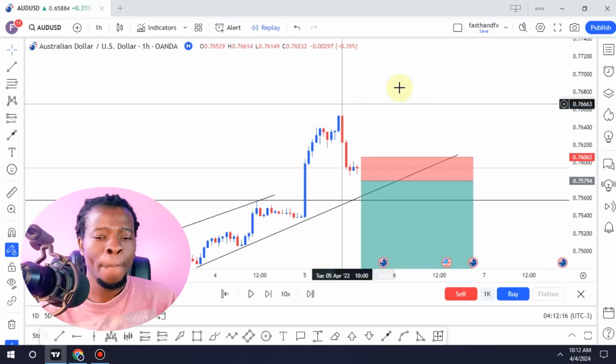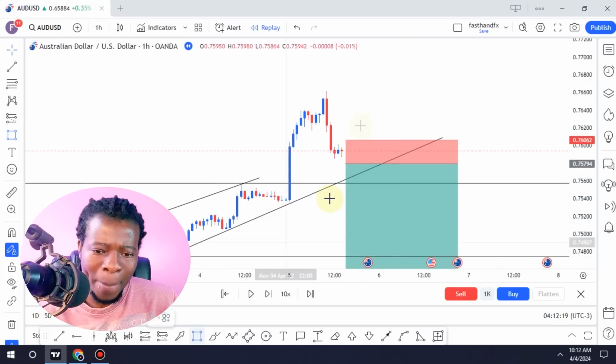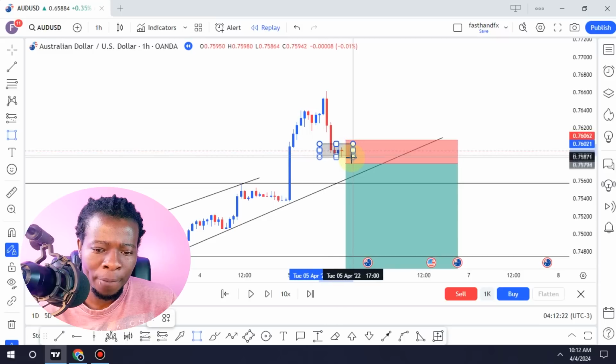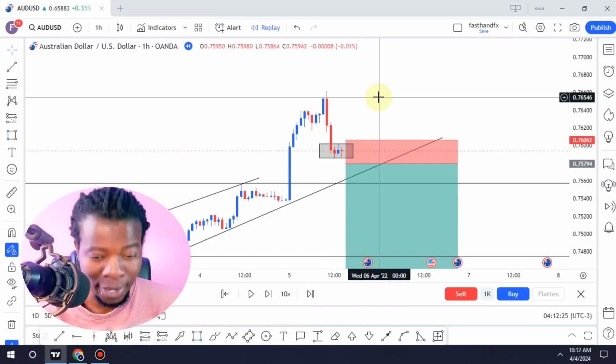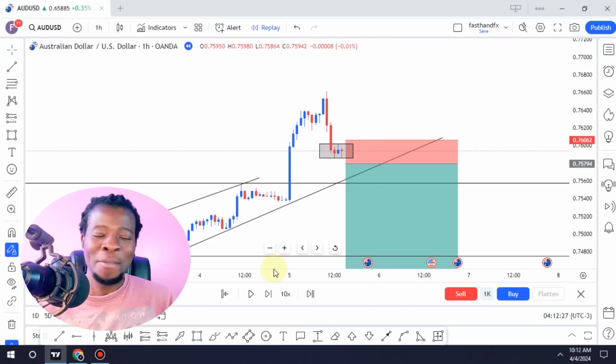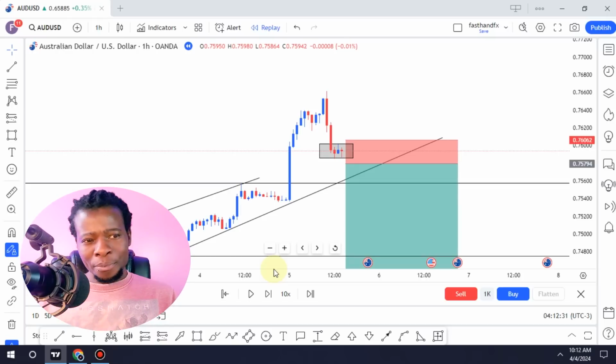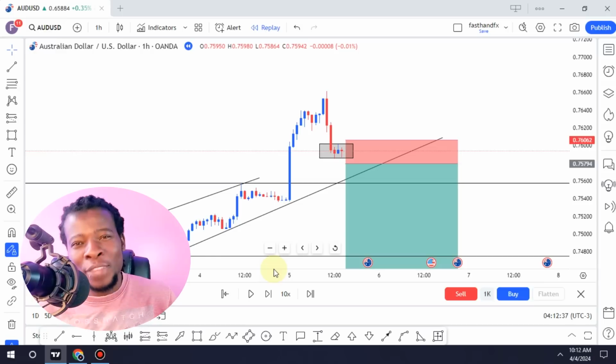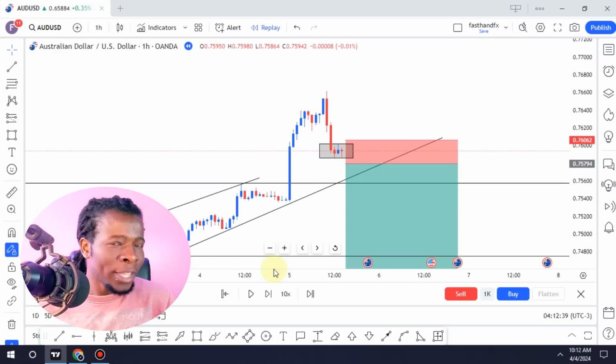Okay, so look at this. The market, or price, kind of consolidated around this level for a while. That is like a continuation pattern, guys. Remember, after an impulse there should be a continuation. So why will the market give us a continuation pattern and then break out of the last lower low that it created?